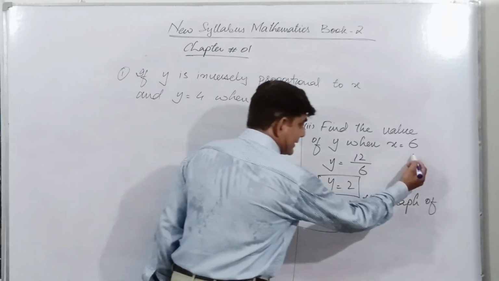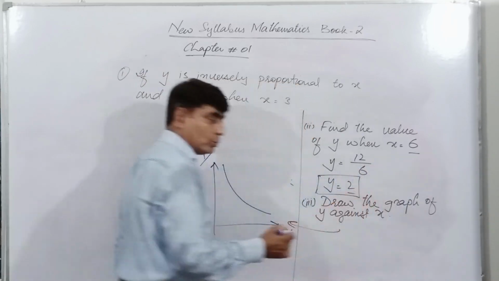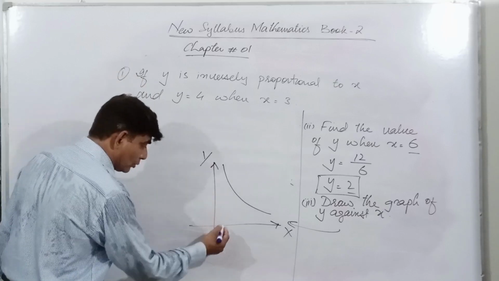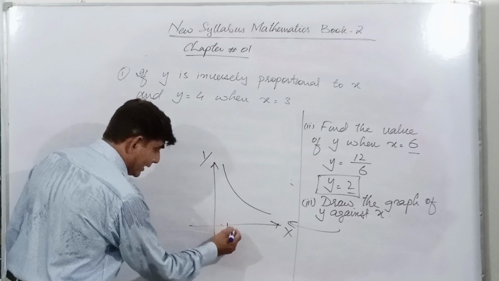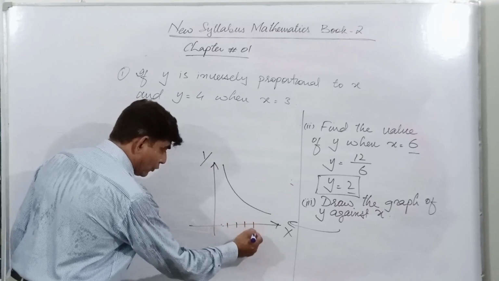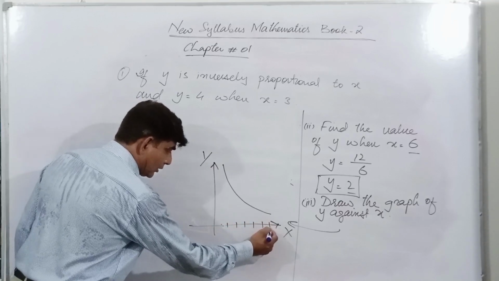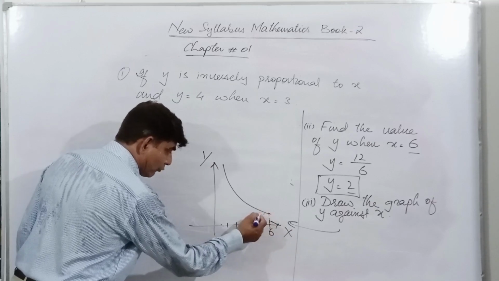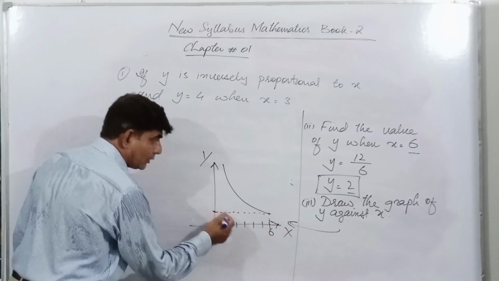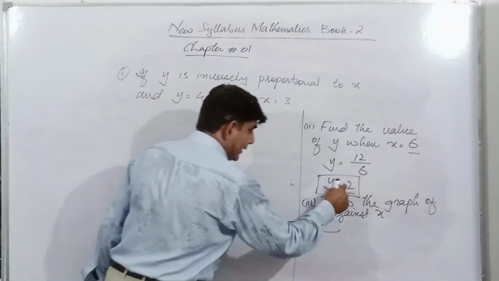So x is 6, y is 2. Let's suppose 1, 2, 3, 4, 5, 6. So this is 6. Then what is the value over here? When x equals 6, y equals 2.